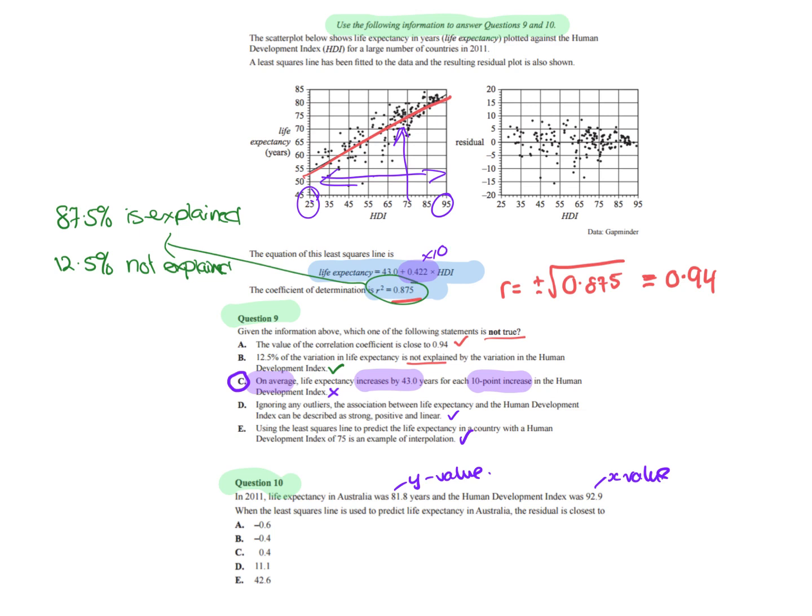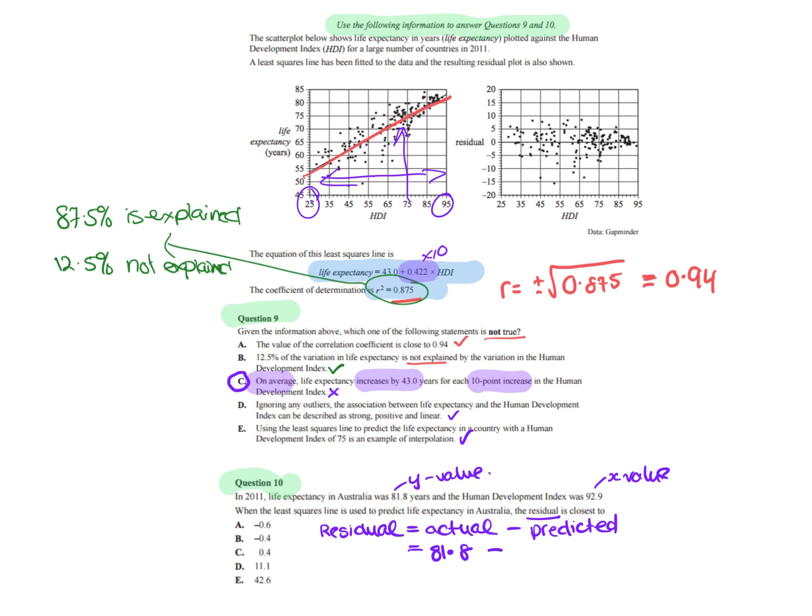And then they say when the least squares line is fitted, the residual. So if you write out the formula for residual, it is actual minus the predicted. Now, I've always said that the actual is the dot, or they might give it to you in the table of values, or they actually gave it to me, and it was 81.8.